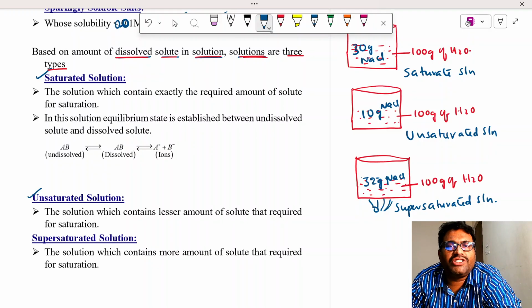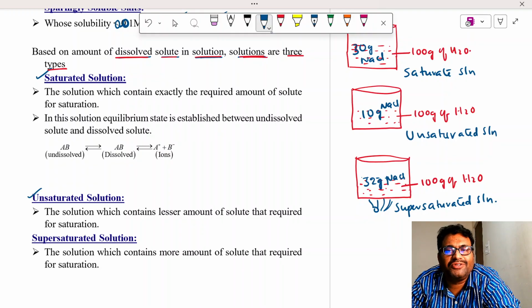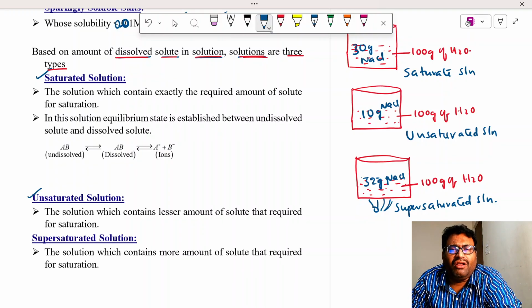If the solution contains solute equal to its solubility, then that is called a saturated solution. If a solution contains solute less than its solubility, then that is called an unsaturated solution. If a solution contains solute more than its solubility, then that's called what? A supersaturated solution.